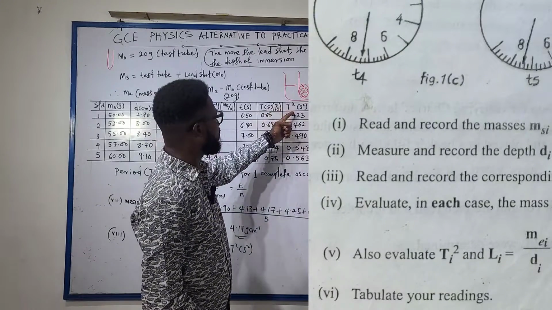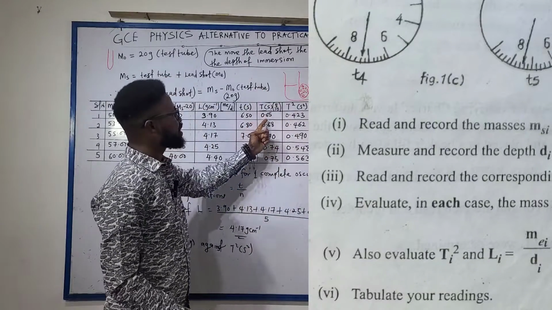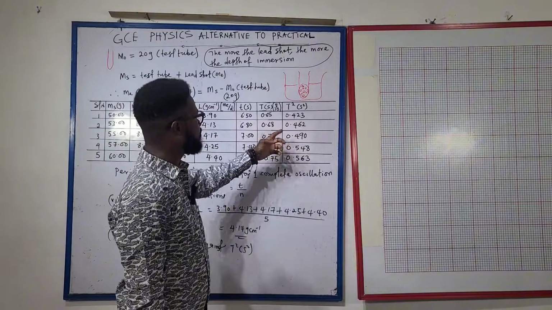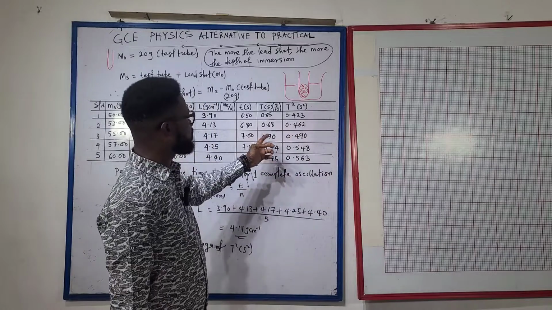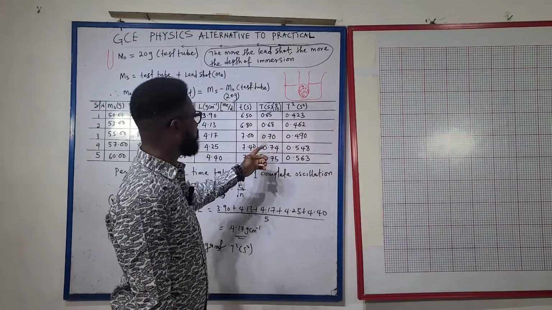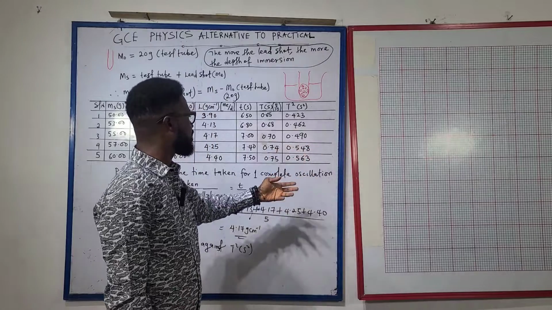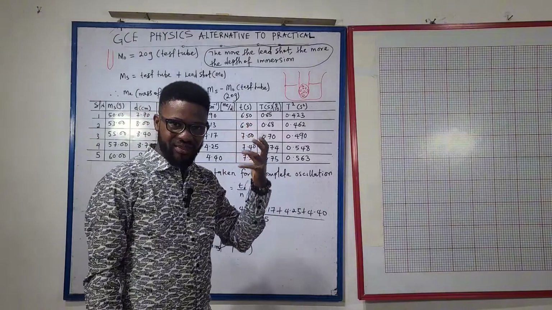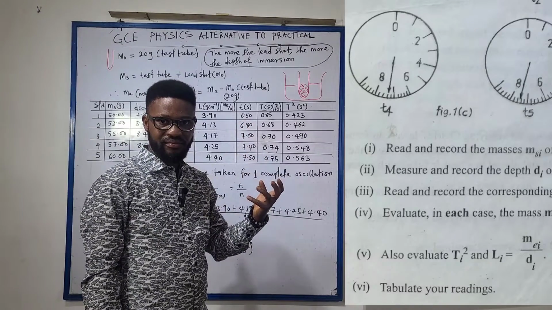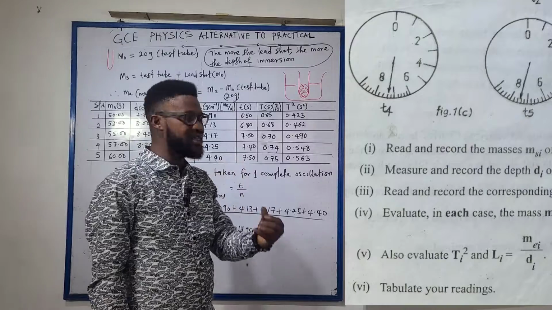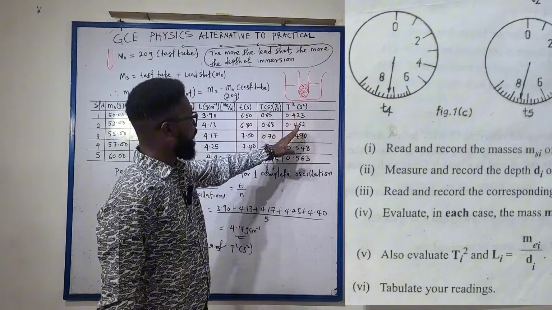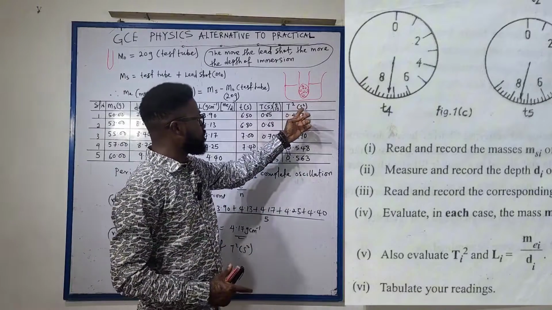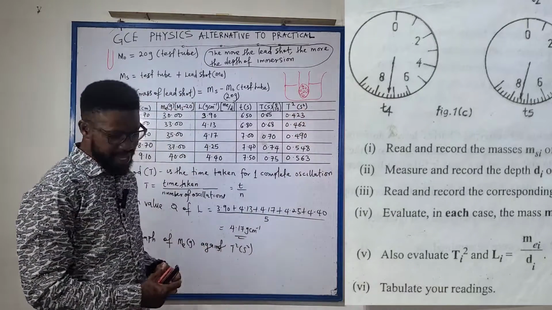So which means 0.65 squared is giving me 0.423. 0.68 squared is giving me 0.462. 0.70 is giving me 0.49. 0.74 is giving me 0.5476. 0.75 is giving me 0.563. And that's what we have here for T square. So the unit is going to be seconds squared.